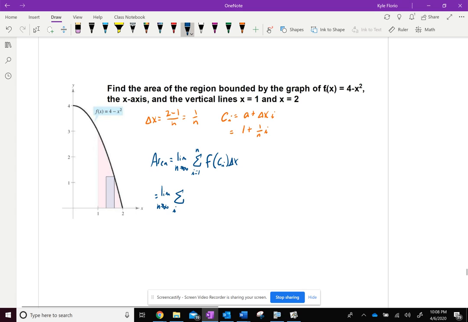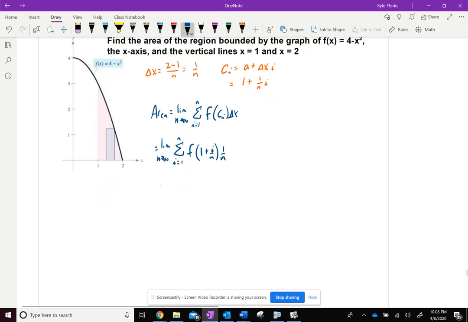I mean, they're more variables. We know a variable in terms of another variable, but for this problem, we can at least rewrite ci as 1 plus i over n. 1 times i is i, so I'm just going to write that as 1 i over n. Delta x is just 1 over n. And my function is 4 minus x squared.